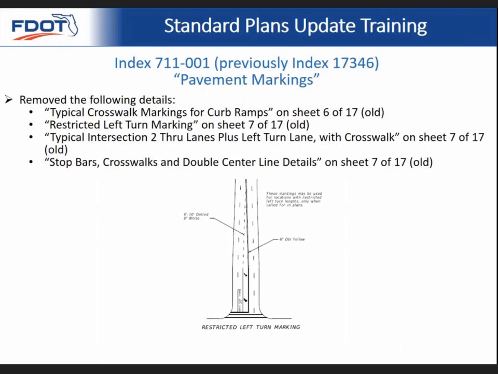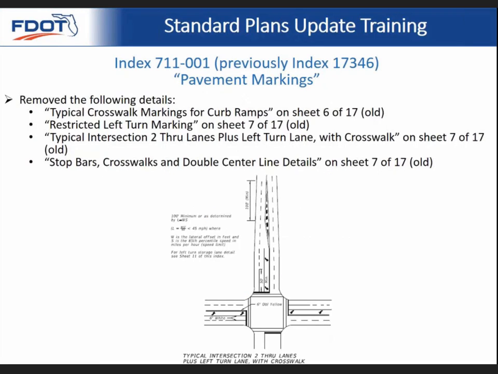These are not necessarily reflecting our current practice for how we design roadways, and there is very limited information as far as how these are different from what we typically do. That is true for this typical intersection, 2 through lanes plus left turn lane with crosswalk.